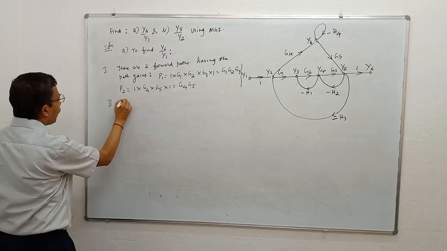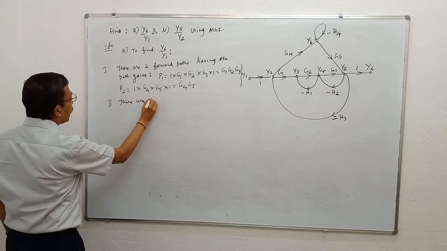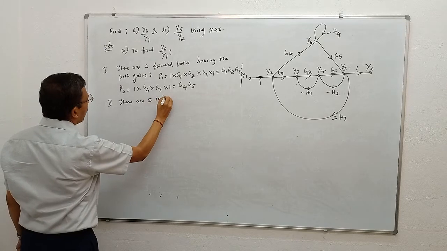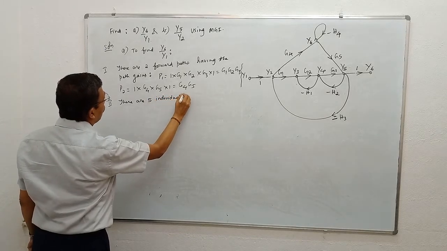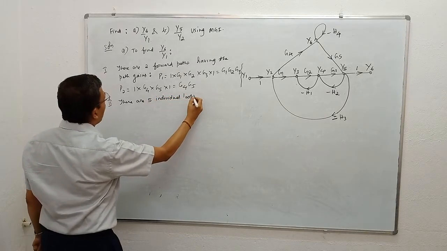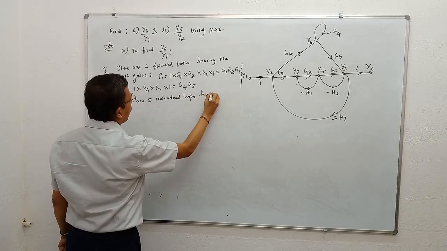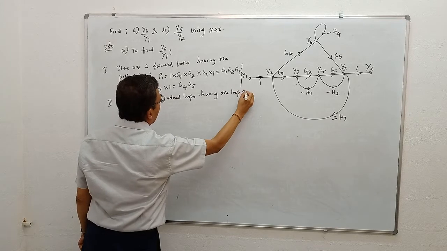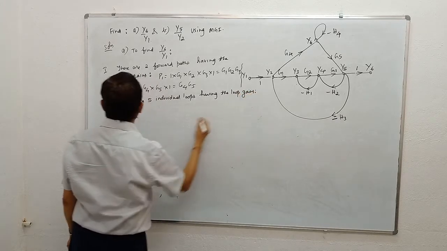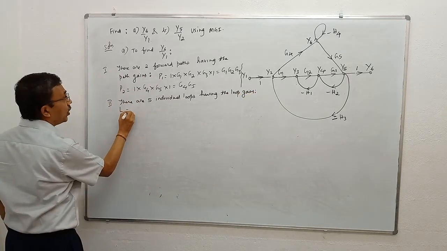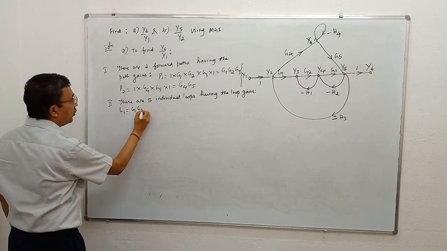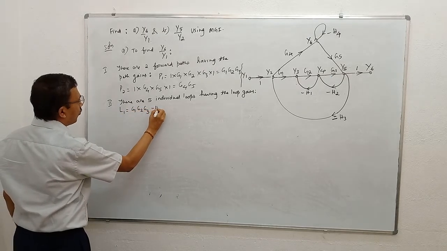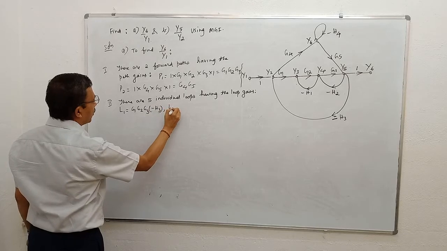There are 5 individual loops having the loop gains: L1 equals G1, G2, G3 minus H3.